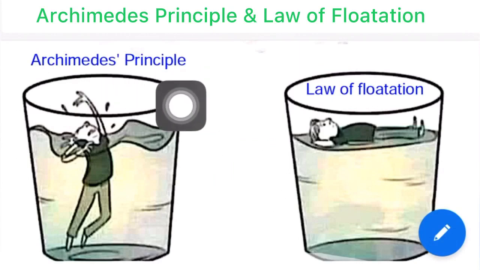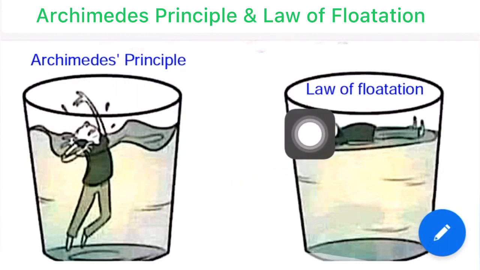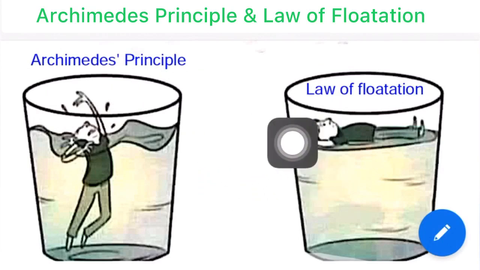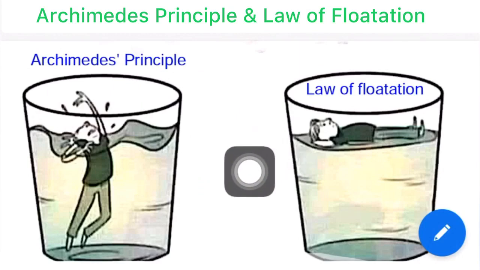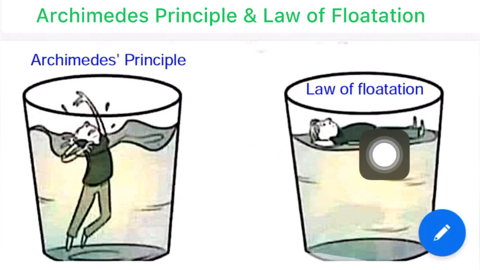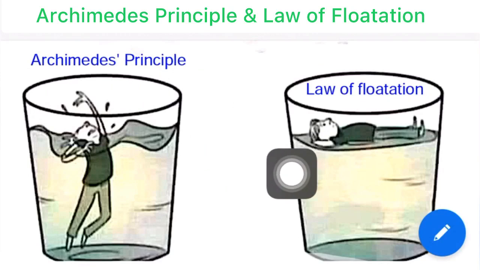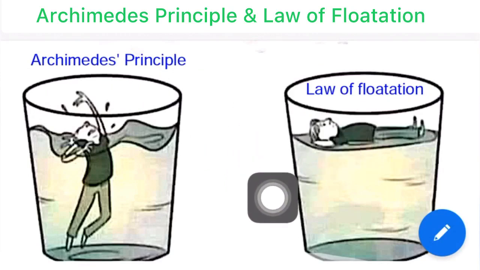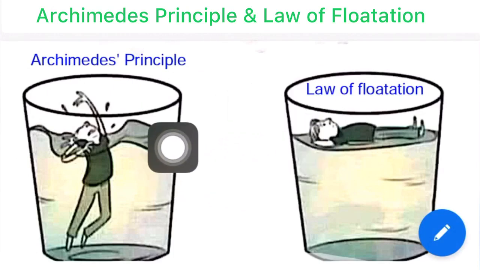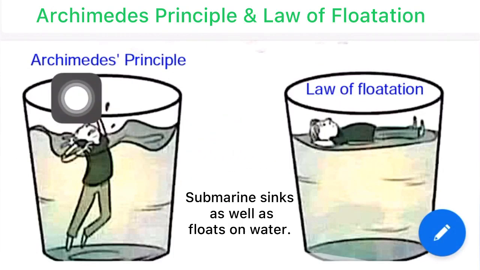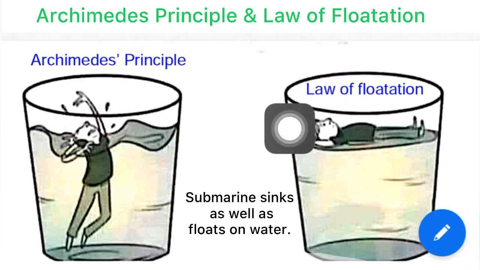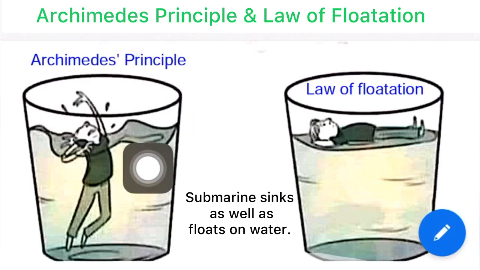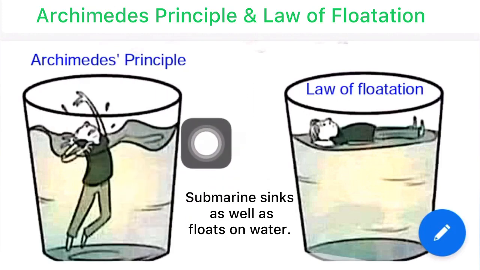But only the floating boat on the river follows the law of flotation, because the boat is just floating on the surface of the water, not immersed in the liquid. The submarine is not following the law of flotation, it is following Archimedes principle, because the submarine is fully immersed or partially immersed in the liquid.